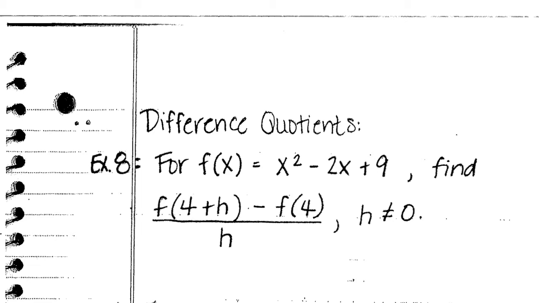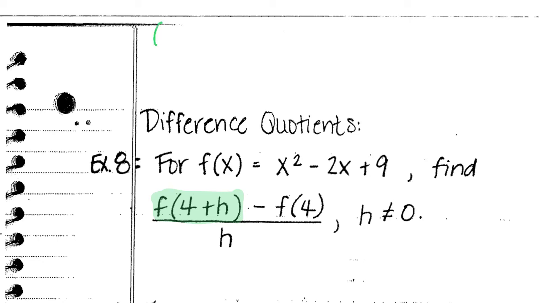So we are going to talk about these long functions. I'm going to set it up above. So what is the rule of thumb? Instead of putting in x, what am I putting in? Let's go ahead. I'm going to separate it by colors. I'm going to do the green part first. Y'all see that little green part? Instead of putting in x for the green part, what am I doing? I'm putting in 4 plus h.